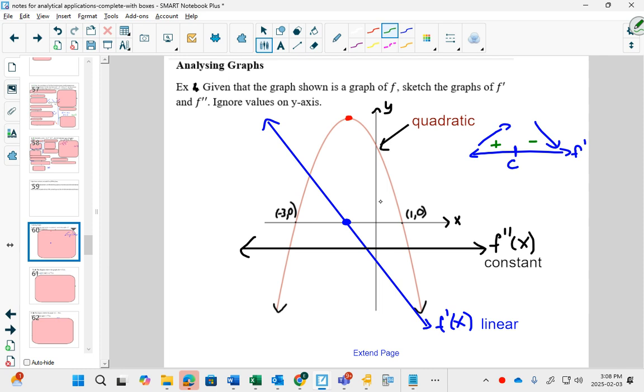So I knew that from that, but you can also see by taking the original graph and saying, if I was graphing this, I would have gotten my first derivative, and I would show where it's increasing and decreasing. The increasing and decreasing is about the original graph, but the plus and the minus is about f prime. And so I can see my graph is positive here, negative here.